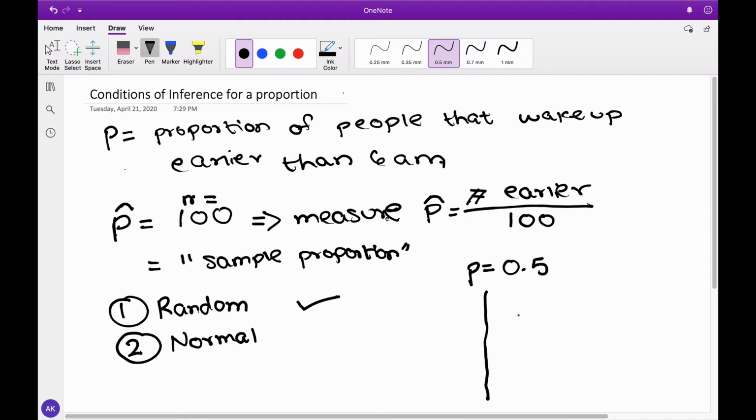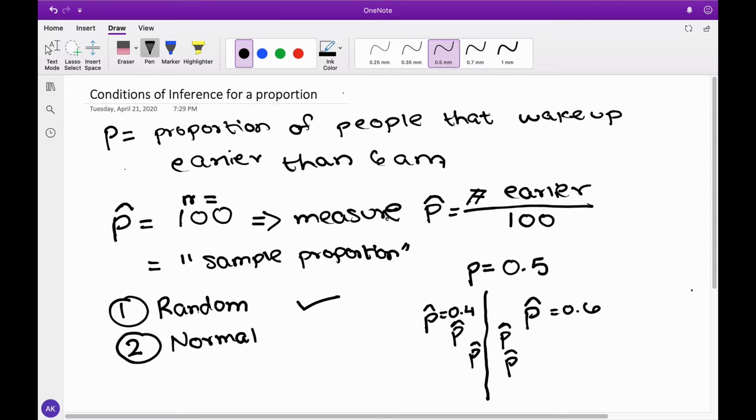Now, if you have p hat, your sample proportion, you took a sample and calculated this value, and maybe it's 0.6. You did it another time, and maybe it's 0.4 this time. So p hat is equal to 0.4. Now you keep doing this and you have p hats all over here.